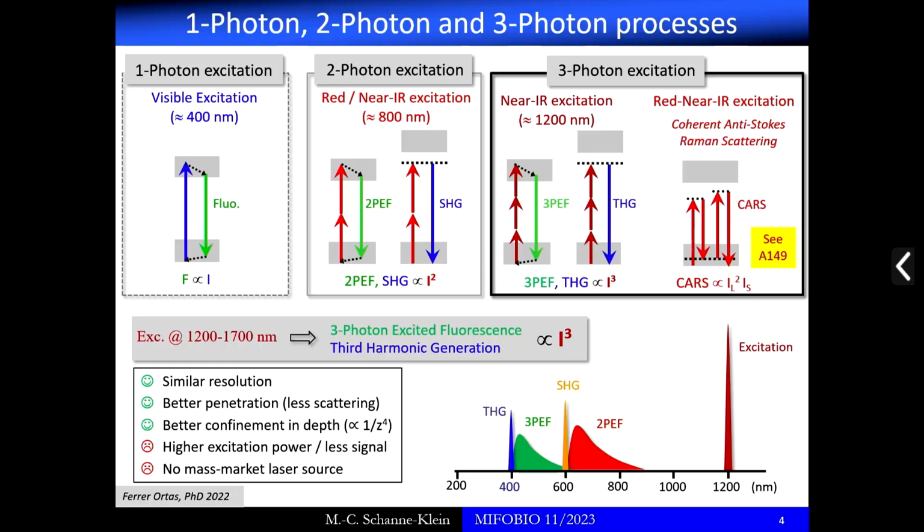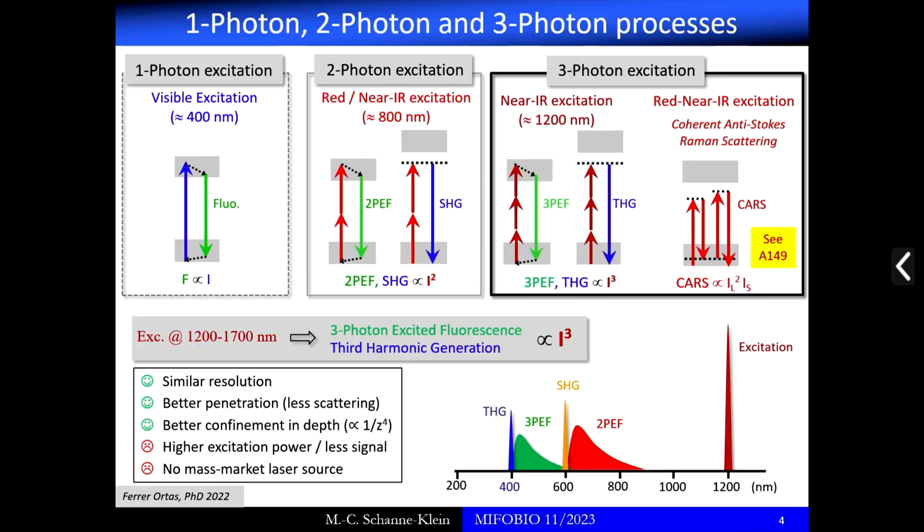There is also coherent anti-Stokes Raman scattering, so I will not address this signal because it is covered by Hervé Rigneault in the round table. It's a round table this afternoon. So I will just focus on these two signals.